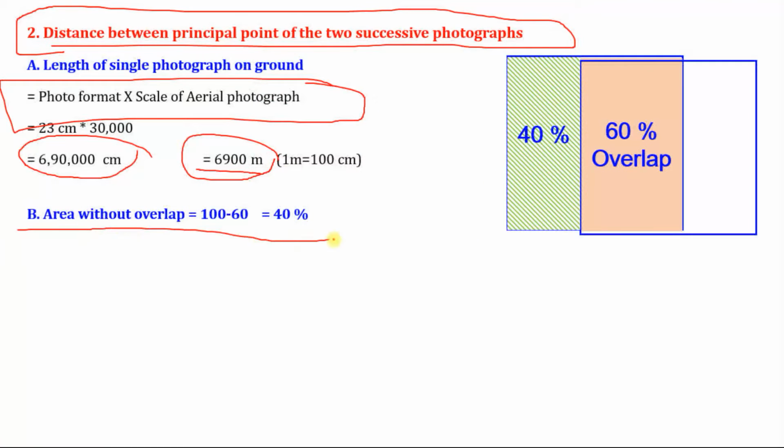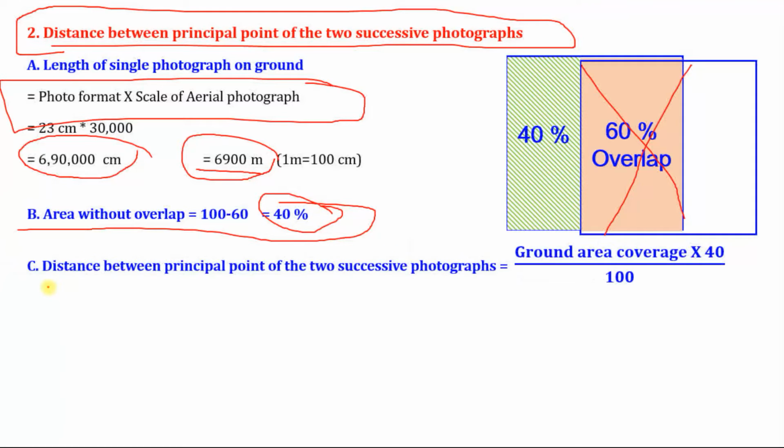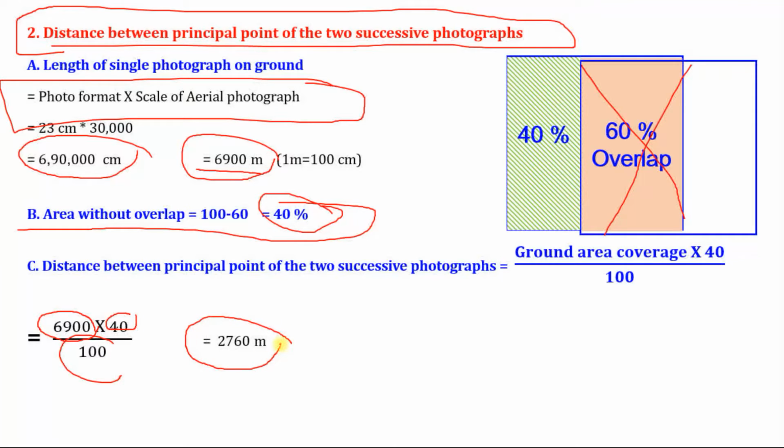Next, area without overlap. For 60% overlap, we exclude 60% from 100. 100 minus 60 is equal to 40%. Next, distance between principal points of two successive photographs is equal to ground area coverage into 40 upon 100. The first photograph covers 6,900 meter area into 40 upon 100, which is equal to 2,760 meter.